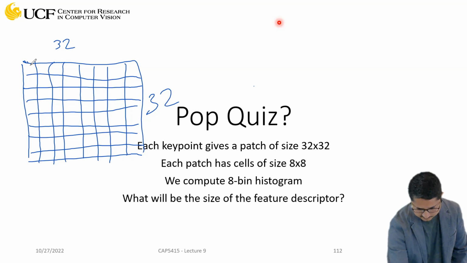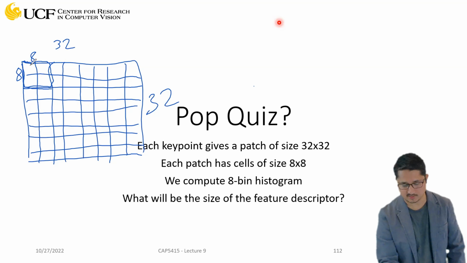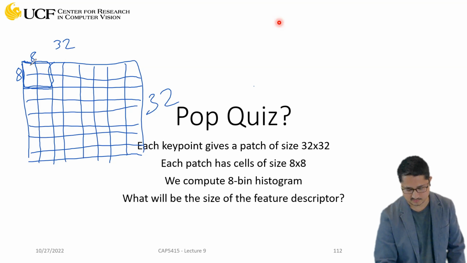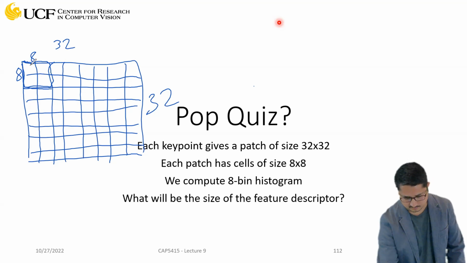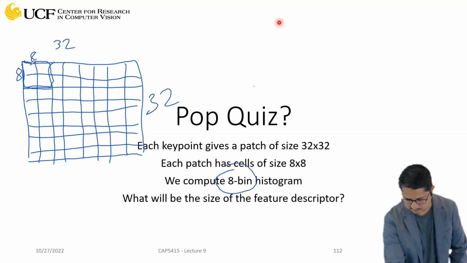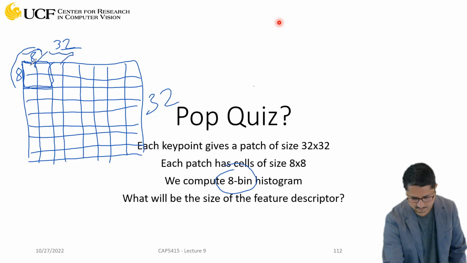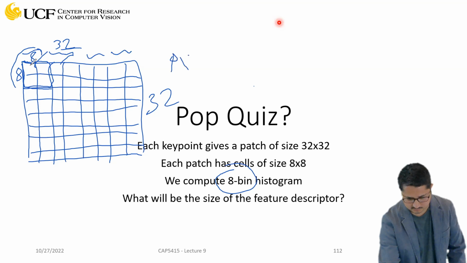The idea is you count how many cells you have in this patch, and for each cell you have an 8-bin histogram, so you multiply by that. If 32 cross 32 is the full patch and 8 cross 8 is your cell, you get 4 cross 4 cells, which is 16.